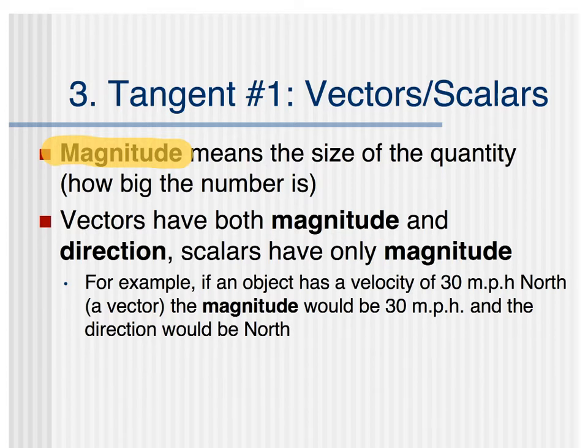For example, if an object has a velocity of 30 miles per hour north, the magnitude is 30 miles per hour and the direction is north. If we're talking about a scalar, there's only the magnitude, like an object having a mass of 20 kilograms. 20 is simply the magnitude, and there is no direction.